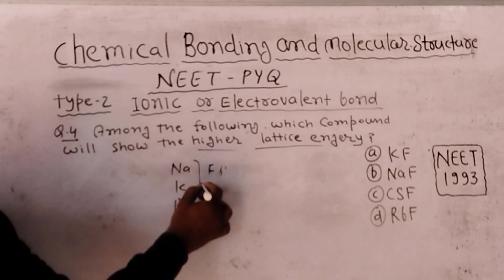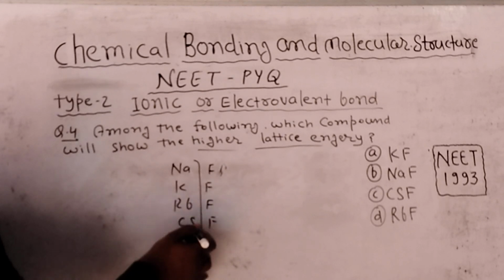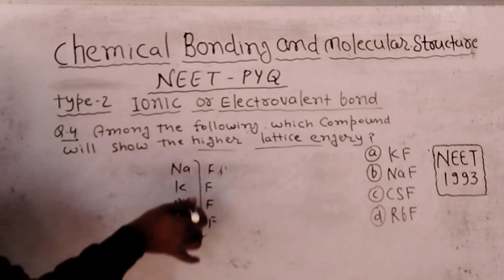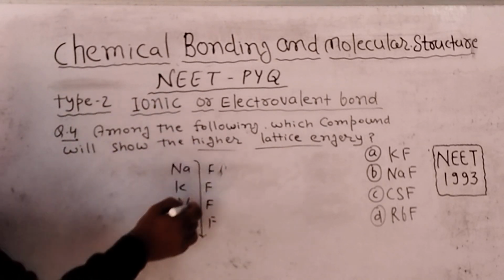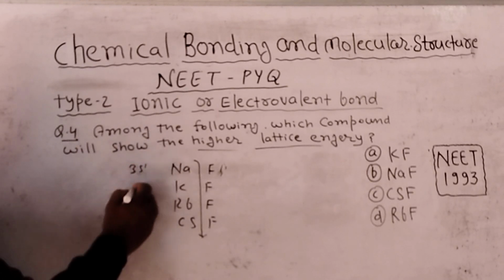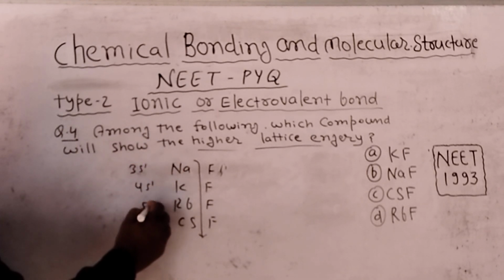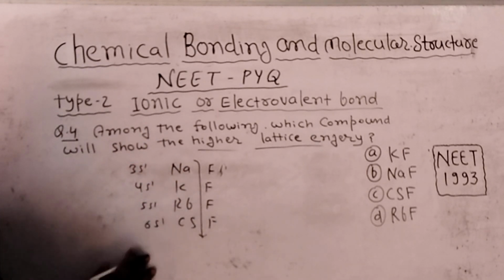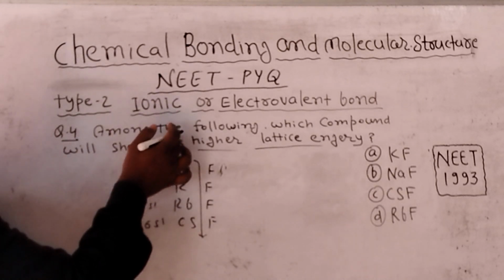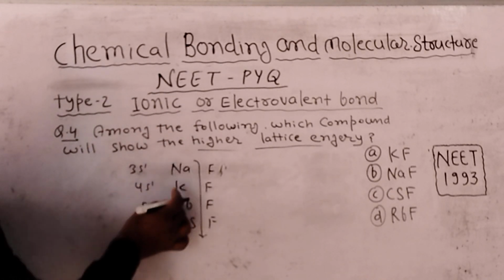Top to bottom, all are group 1A members, and their outer shells are 3s1, 4s1, 5s1 and 6s1. So top to bottom in the same group, atomic size increases.